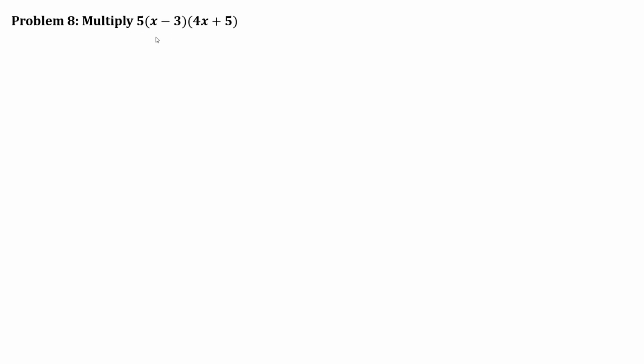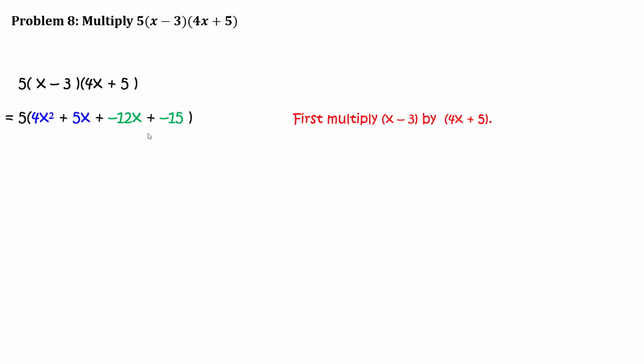So you can multiply the first two factors first, or the second two factors first. So first I'm going to rewrite the problem that was given, 5 times x minus 3 times 4x plus 5. In the previous example we multiplied the first two factors first. In this example, I'm going to multiply x minus 3 times 4x plus 5 first, okay?